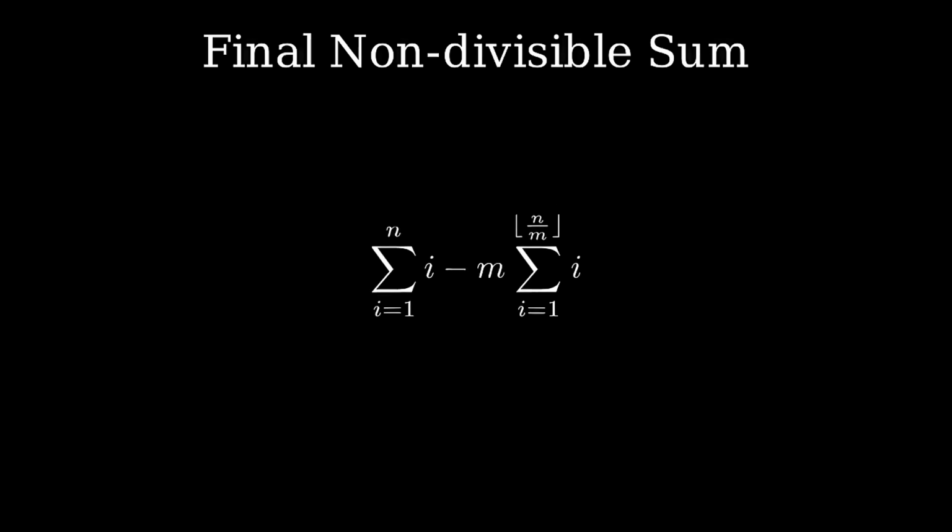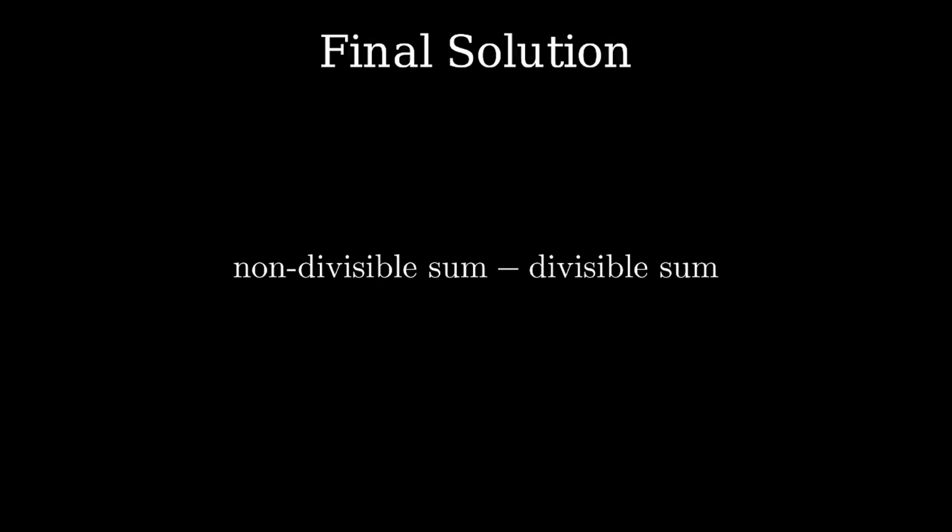And then we subtract the sum of elements that we know are divisible by m, which we already calculated. So now let's plug everything in to find the final answer. Let's substitute everything in and simplify and see what we get.